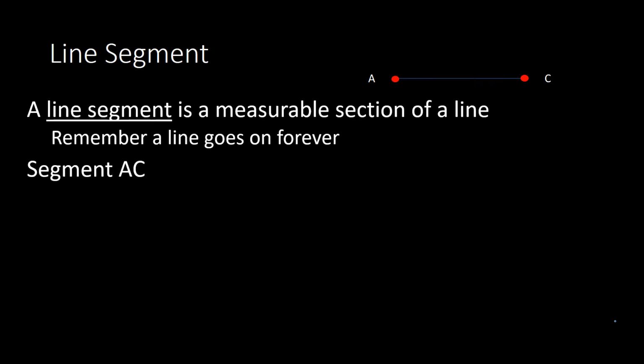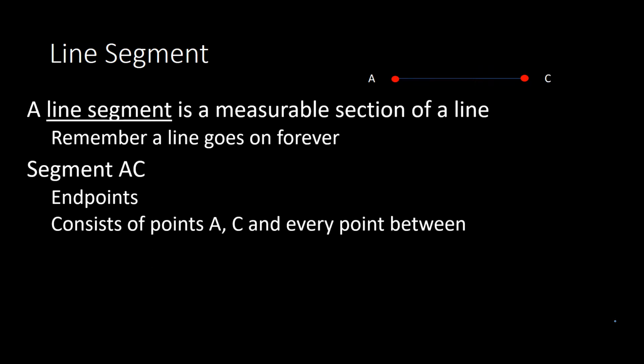Okay, now as far as naming this, we see that it has point A and point C, so we'd call this segment AC. Now more specifically, point A and point C are what's called the endpoints. It's where it begins and where it ends.